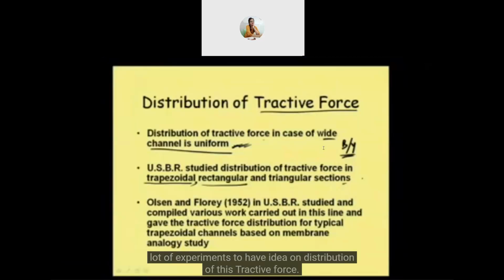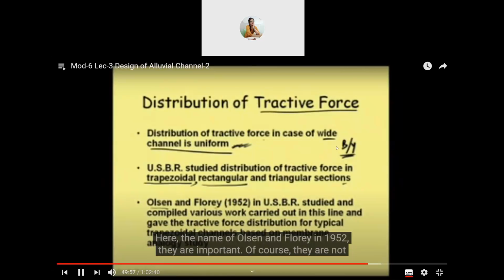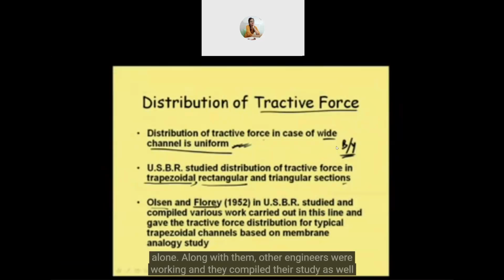And here the names of Olsen and Florey in 1952 are important. Of course, they were not alone. Along with them, other engineers were working, and they compiled their study as well as studies conducted by other people.